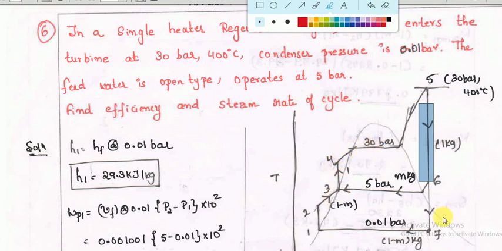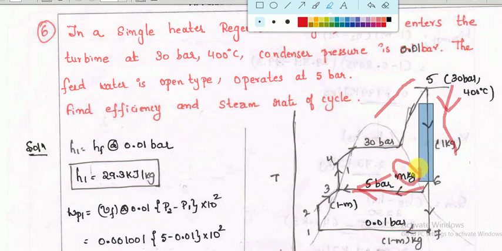So what happens here is 1 kg of steam is entering from the boiler into the turbine. Here in the turbine, at a pressure of 5 bar, when there is a partial expansion, some amount of steam is taken out.